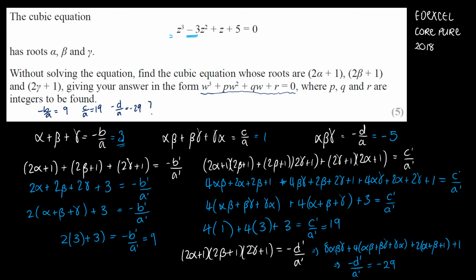If we make a equal 1, that would give us b equaling minus 9, c equaling 19, and d equaling 29, and hence our new cubic is W cubed minus 9W squared plus 19W plus 29 equals 0. And you have to have that equals 0 on the end in order to pick up your final mark.